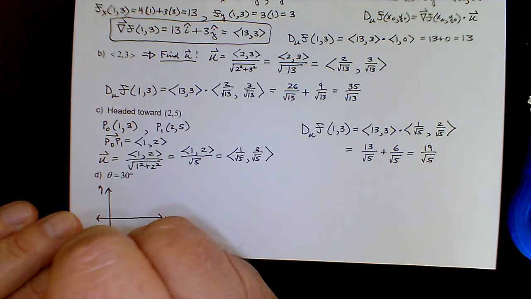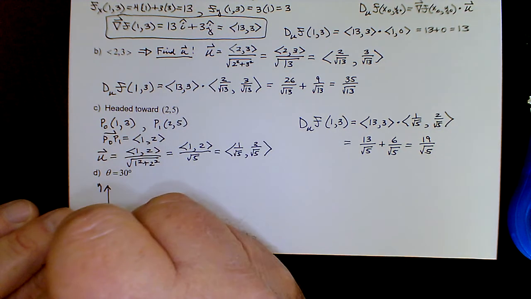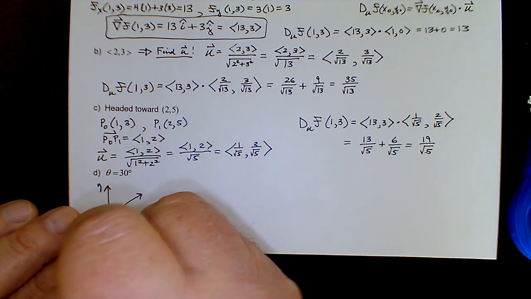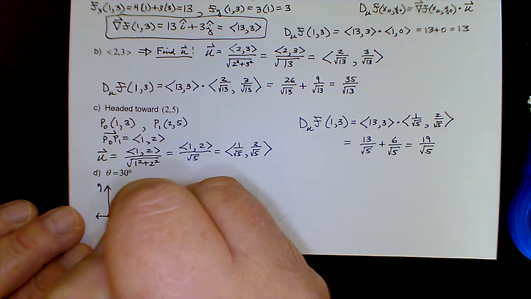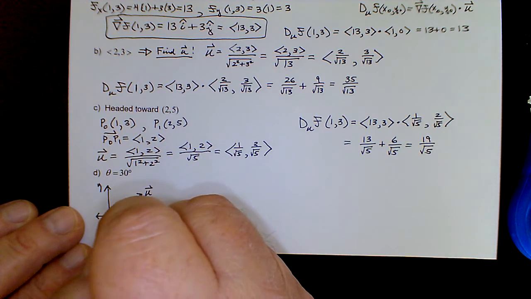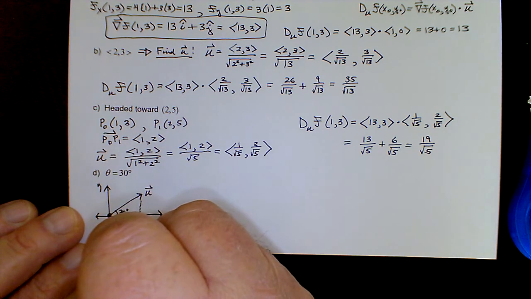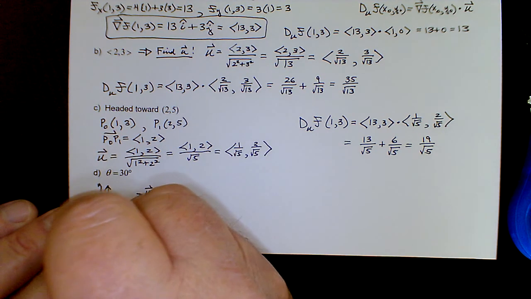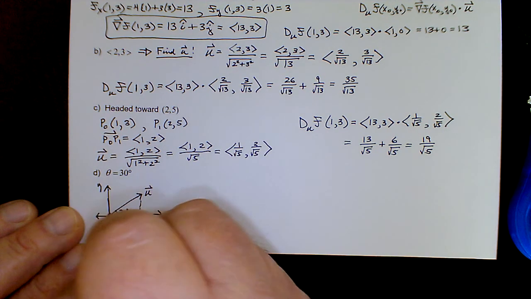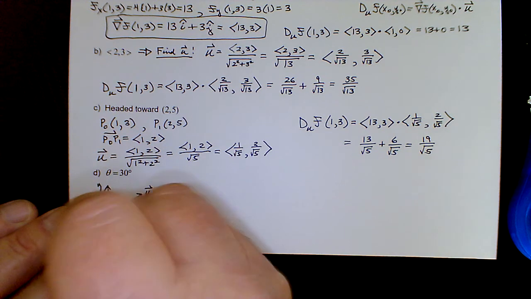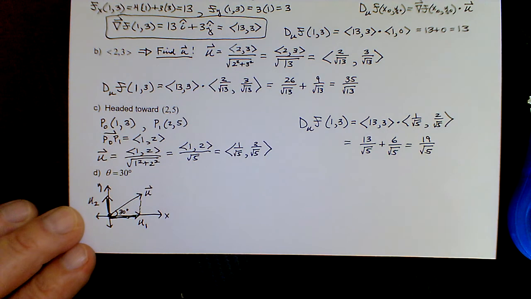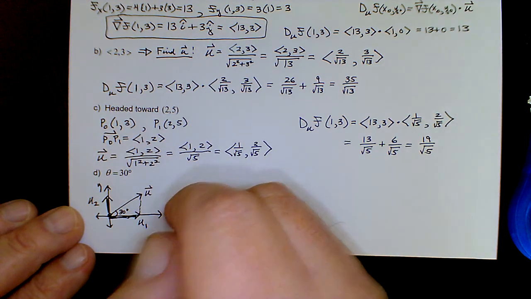Let's call that our unit vector. So then dropping a perpendicular, that would be the U1 component in the x direction, and the U2 component in the y direction. And if it's our 30, 60, 90 triangle, opposite 30 is 1, hypotenuse 2, opposite 60 is radical 3.